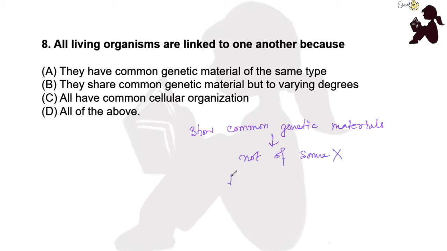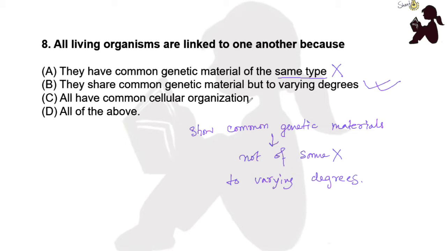They are to varying degrees. Okay, so here if we see the options, the first one is they have common genetic materials of the same type. This is wrong. Then they shared the common genetic material but to varying degrees. This is true.